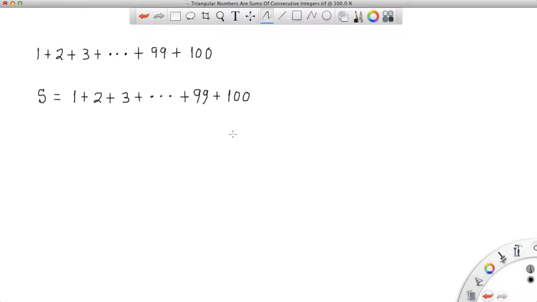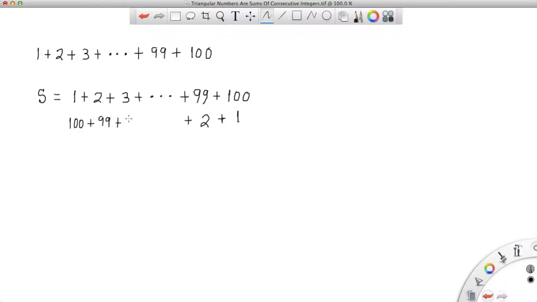What if we rewrite the sum backwards in a different order? We sort the numbers now in decreasing order from greatest to least. And we do this, so here we're going to finish at 100, 99 here, and 98.